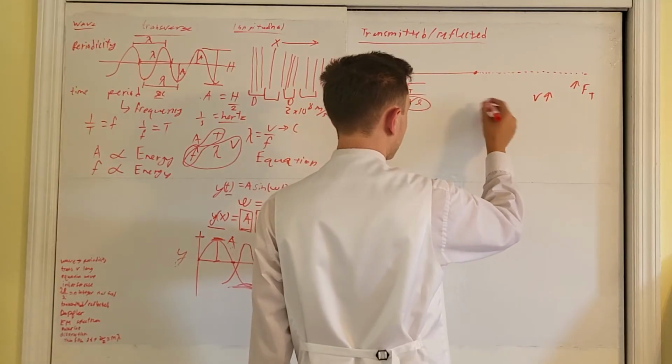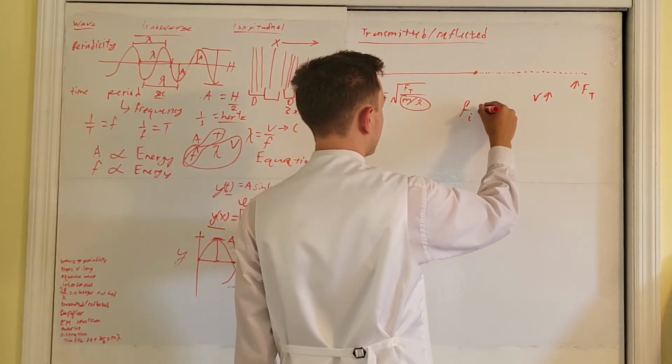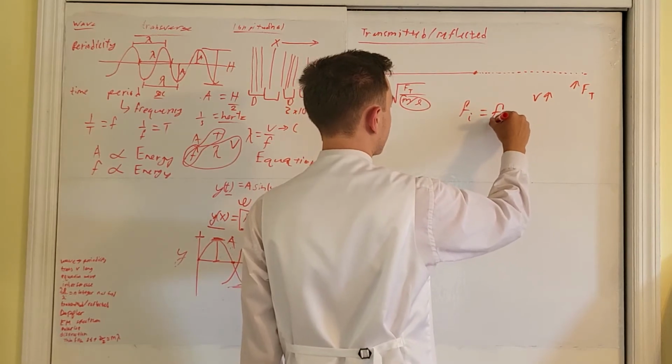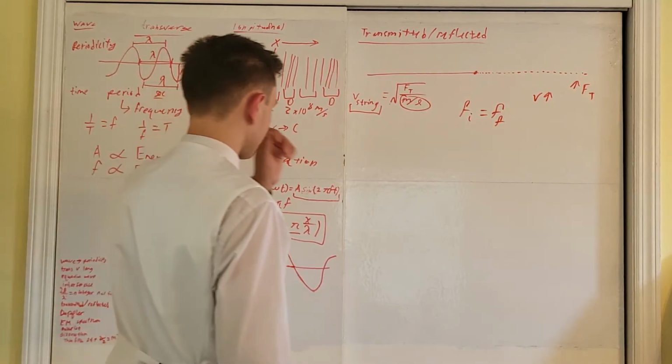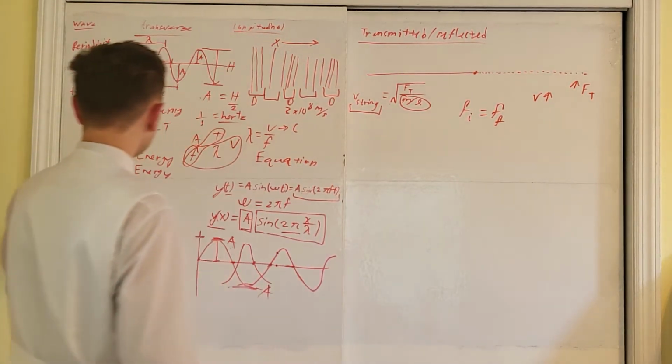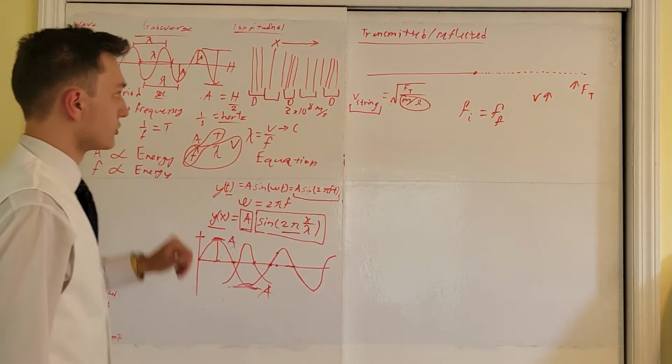So in any collision or transformation that occurs with a wave, frequency is always held constant. But we referenced here that frequency and amplitude are both proportional to the energy of a wave.